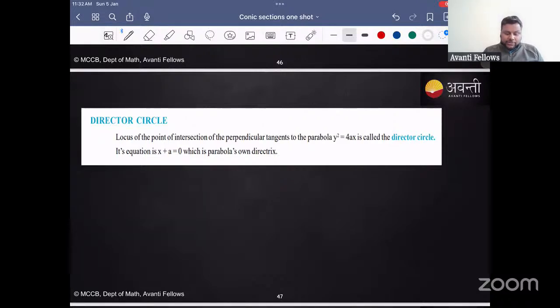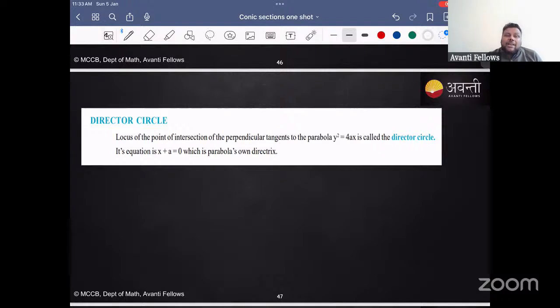Like if you remember, in case of circle, director circle was a concentric circle whose radius is under root 2 times the radius of the original circle. But in case of parabola, director circle is actually not a circle.